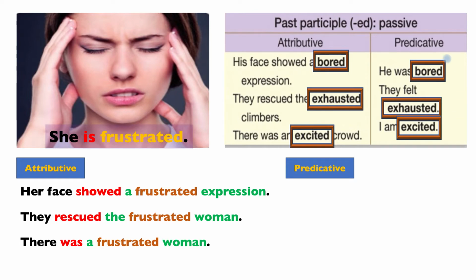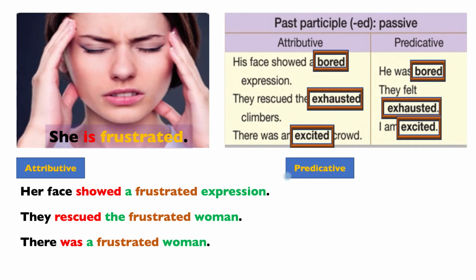Yes. So do you think you can change the predicative? Yeah, that one I can do, because earlier I was confused about which subject I have to use. So we have to change to she, yeah? She. So then she was frustrated. They felt frustrated. No, she. Change them all to she. But this one you didn't change.